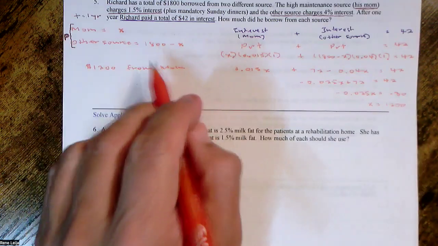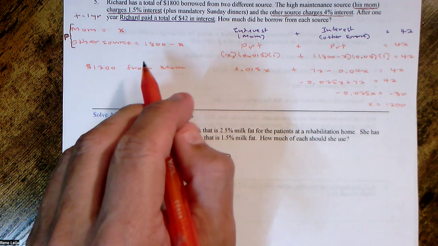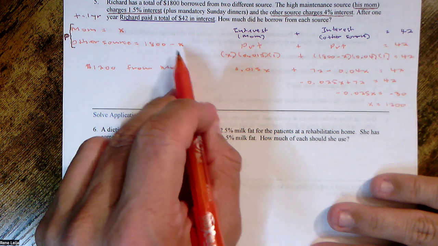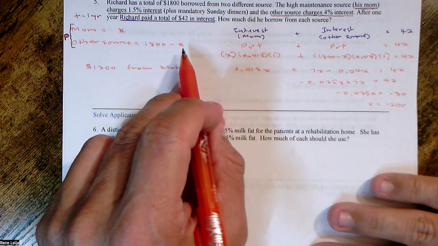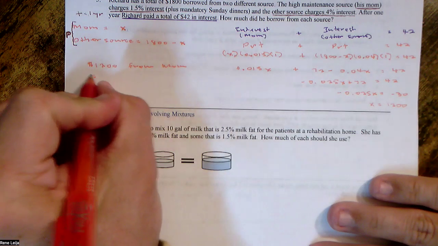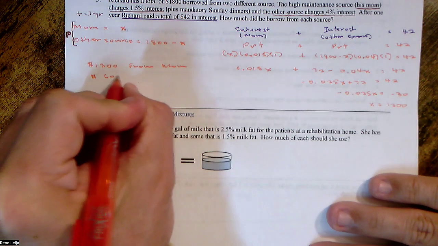Okay, now for the other source, whoops, let me get rid of this if it's showing. Now from the other source, it's $1,800 minus X, which was the 1,200. So 1,800 minus 1,200 is going to give us 600.